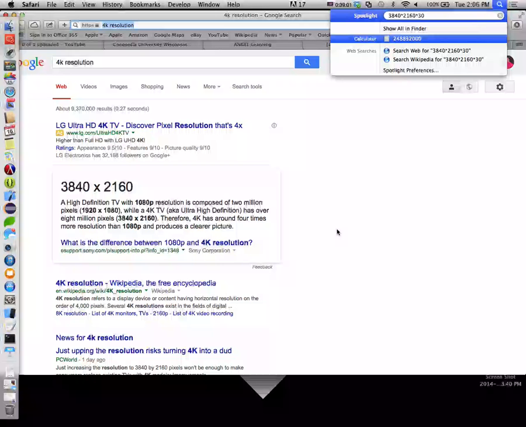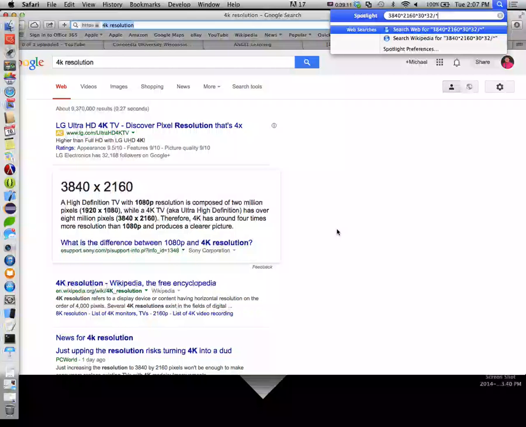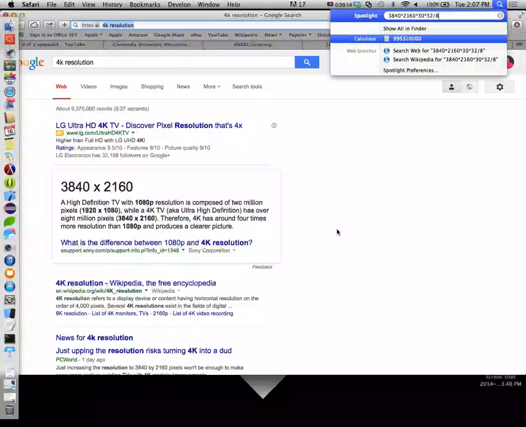Now our pixels are probably 32 bits each for true color, right? So that's times 32. That's bits. Divided by 8 is bytes. Divided by 1024 is kilobytes. Divided by 1024 is megabytes.